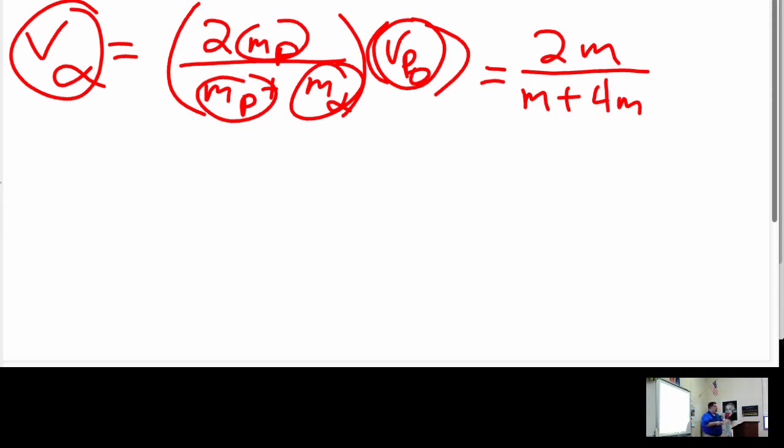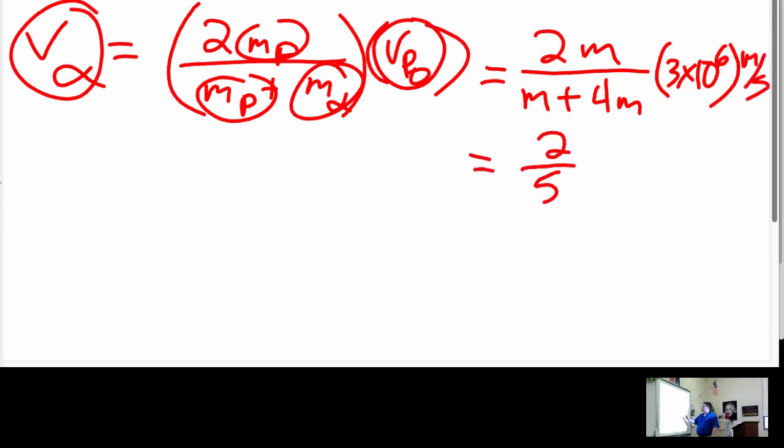The mass of a neutron is very similar to the mass of the proton, and so in this particular case, we're just going to neglect the differences. We're just going to ignore it. And so then what was this? 3 times 10 to the 6 meters per second. And so here we get 2 over 5 times 3 times 10 to the 6 meters per second.